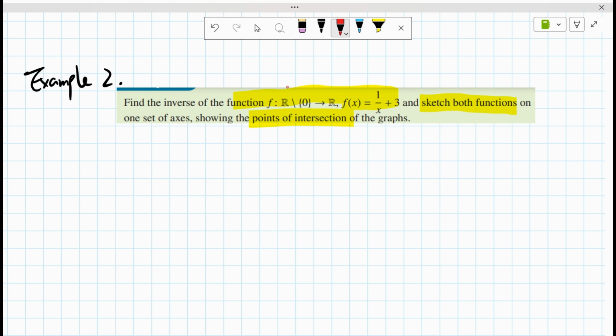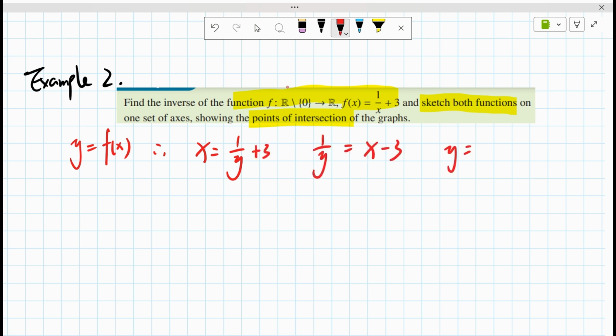First, let's find the inverse. Let y equal f(x), so x equals 1 over y plus 3 is the inverse. Then 1 over y equals x minus 3, and y equals 1 over x minus 3.